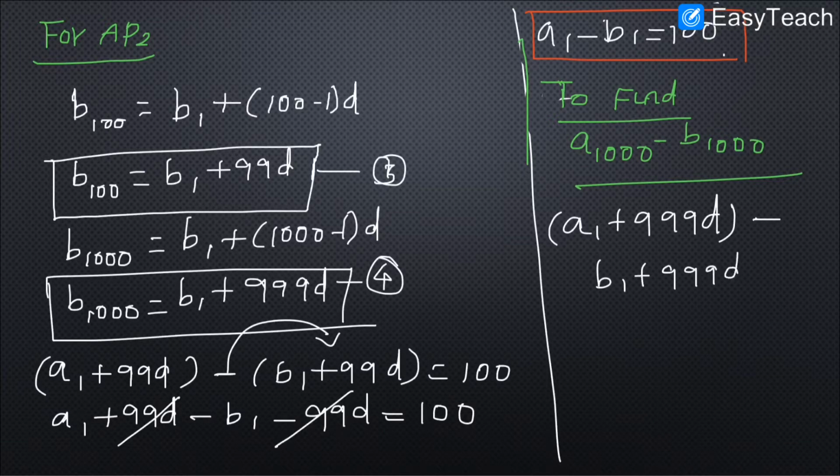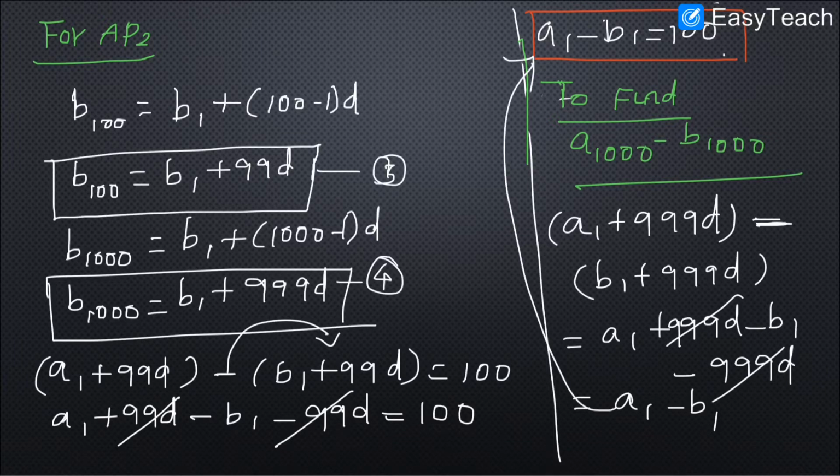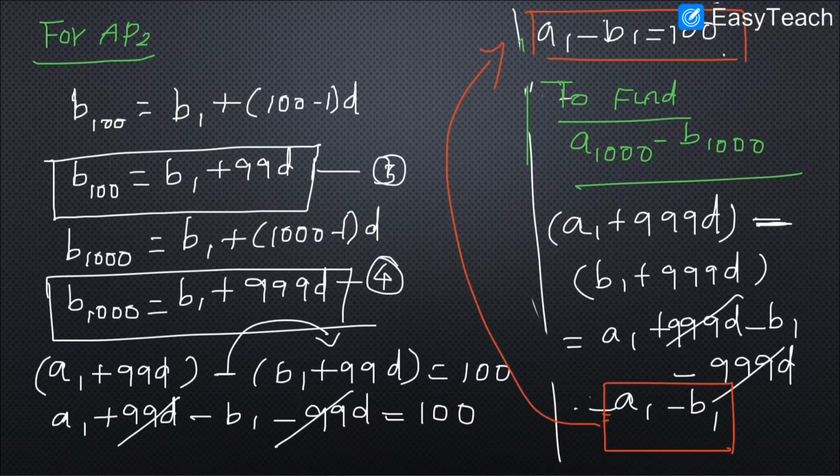I just multiply the minus inside, so A1 plus 999D minus B1 minus 999D. We can cancel both the 999D terms. So the remaining is A1 minus B1, and we already found that A1 minus B1 is 100. So the difference between both 1000th terms is also 100.